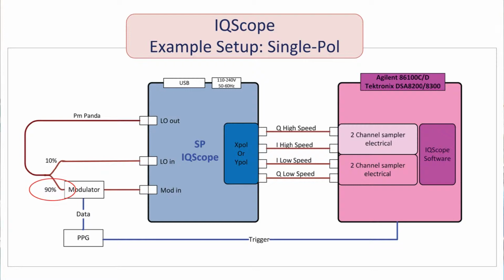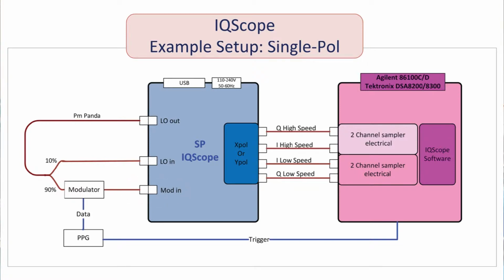The 90% path goes to your modulator, and that's where the QPSK or QAM or OFDM signal is applied to your optical carrier. The output of the modulator is then passed back into the IQScope through the modulated signal input.